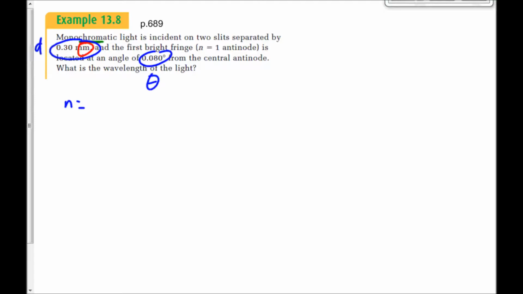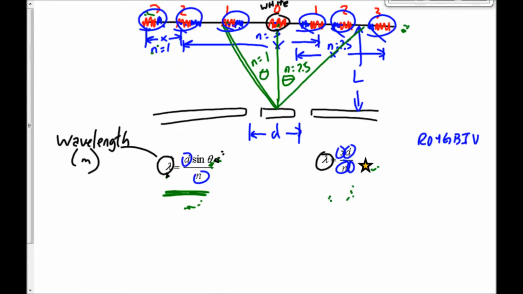I don't like them saying that, n is equal to 1. It is actually equal to 1. But I don't like them saying it, because we labeled the maxima 1, 2, 3, and n is the difference in the maxima, not the actual maximum number. So if we were going from 1 to 3, we wouldn't say n is equal to 1 and n is equal to 3.